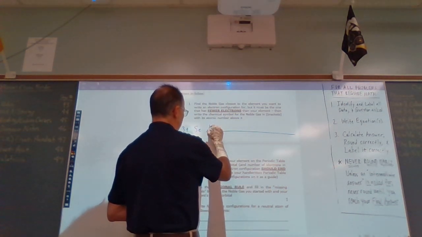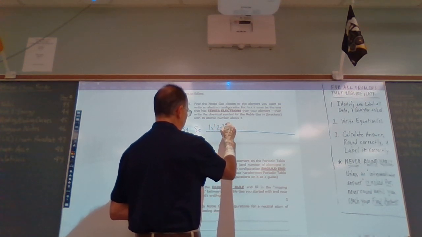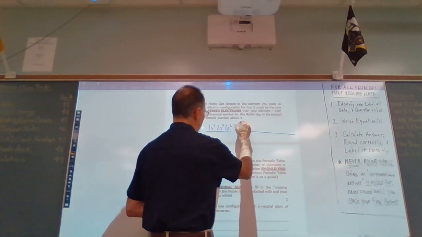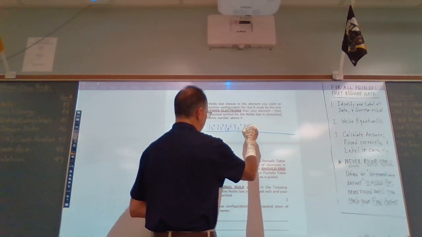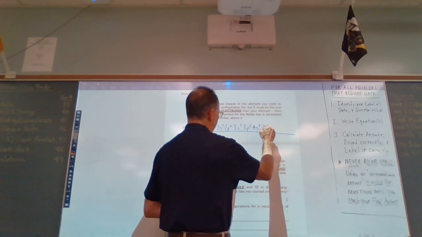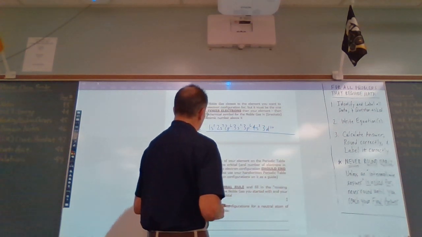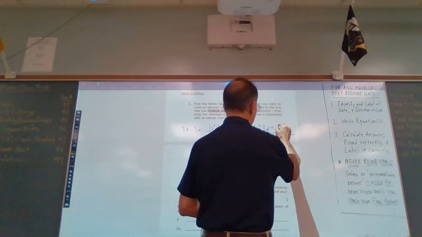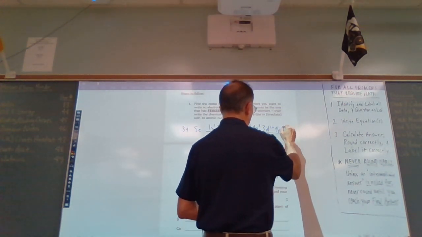So we start with 1s2, 2s2, 2p6. That gets us to 10. 3s2, 3p6. That gets us to 18. 4s2, 3d10. That gets us to 30. And then 4p is next, but we don't need all 6. We only need 4.